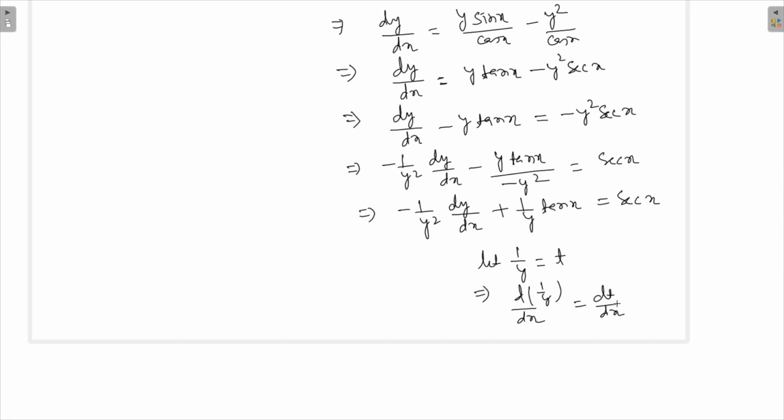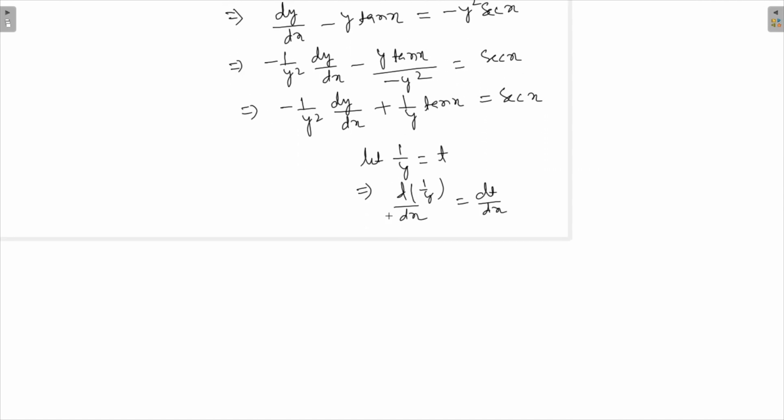You'll have to apply the chain rule: d of 1 by y upon dy times dy by dx, and this will become minus 1 by y square dy by dx, which is dt by dx.